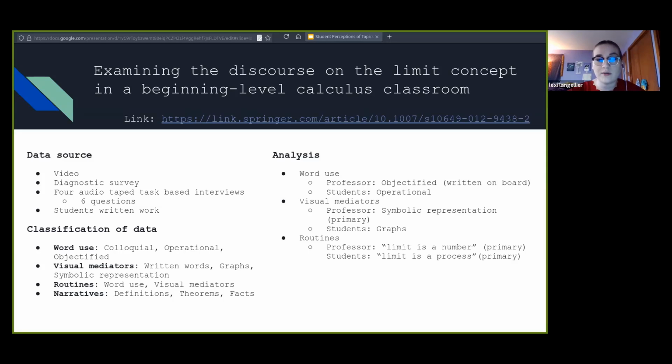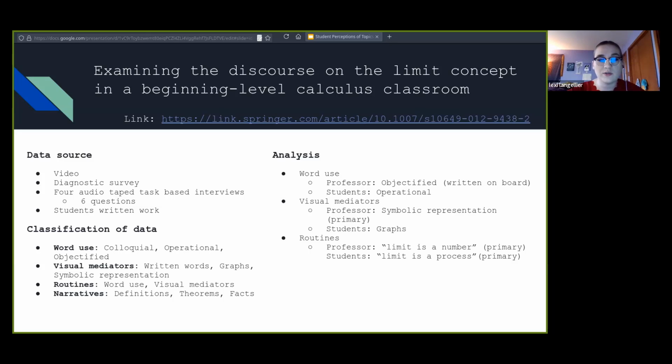So for word use, they were looking for colloquial or everyday sense, like what is speed; operational, so dynamic motion, the function value gets closer to 5 as x values approach 1; objectified, so a distinct math entity, like the limit is 5, the limit does not exist.